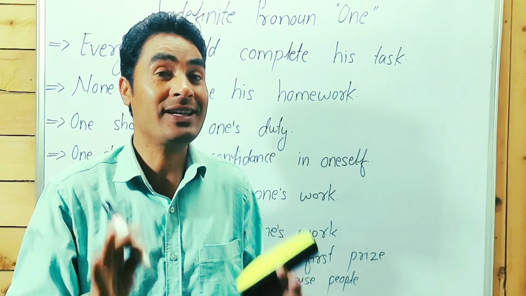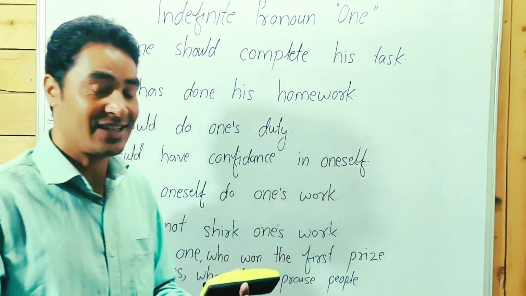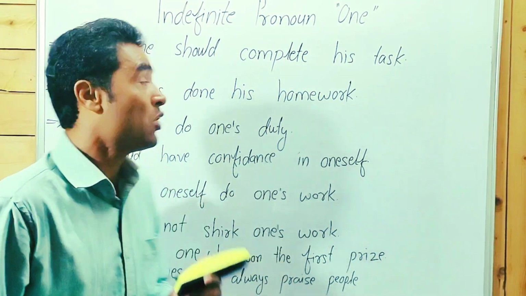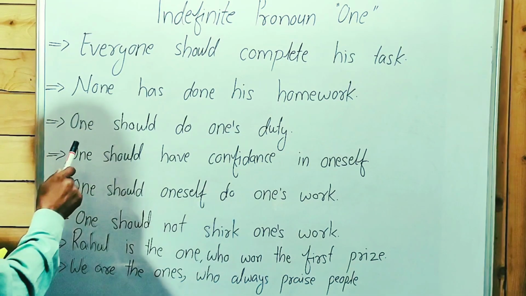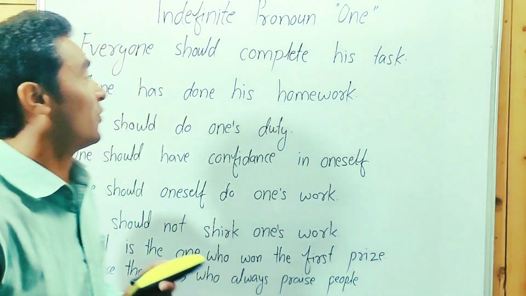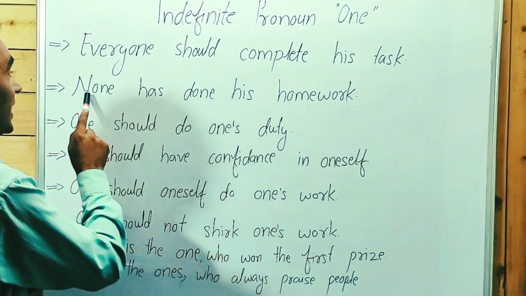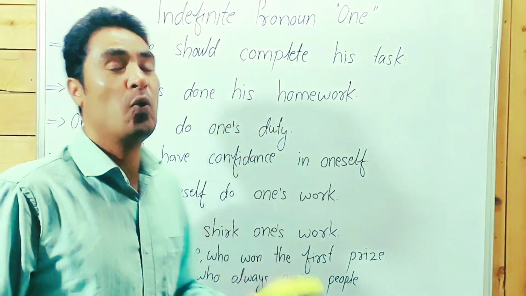Guys, point to be noted. Except one. One is different. As I taught you, one is the only pronoun which takes apostrophe s. Everyone should do his duty. None has done his homework.